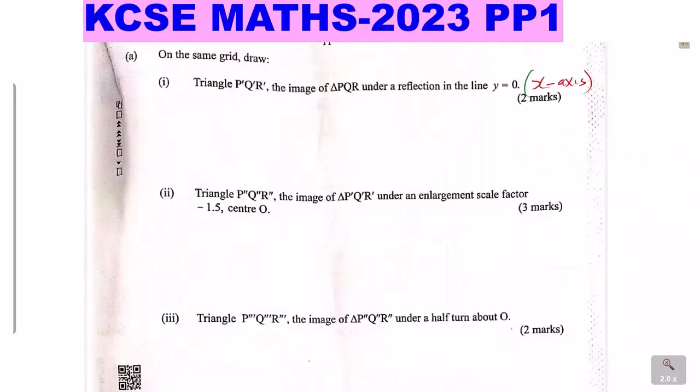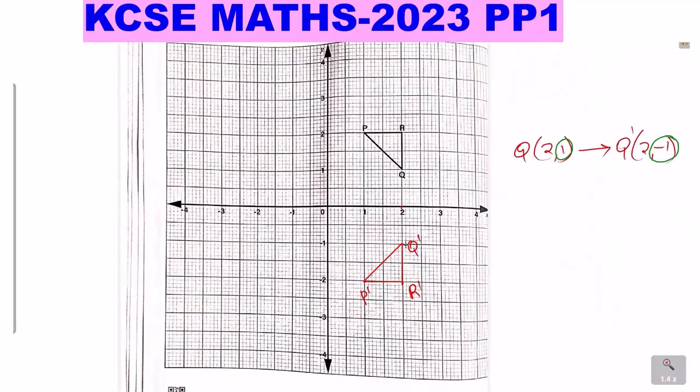Part B, triangle P double prime, Q double prime, R double prime, the image of triangle P prime, Q prime, R prime, the one that we've just drawn, under enlargement scale factor -1.5, center O, the origin. So whatever we have drawn is enlarged through the origin with a scale factor of -1.5.